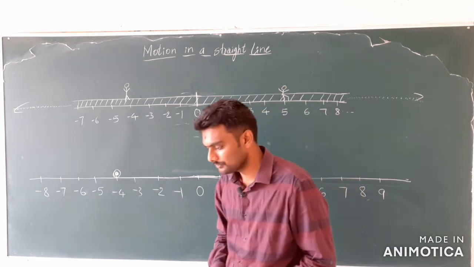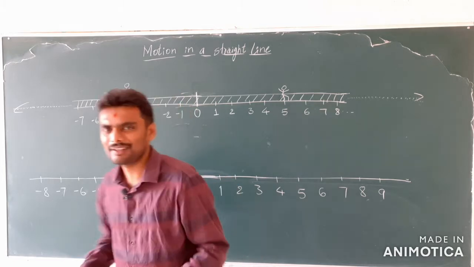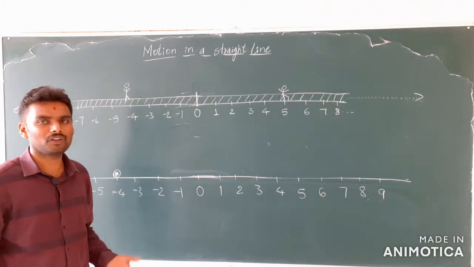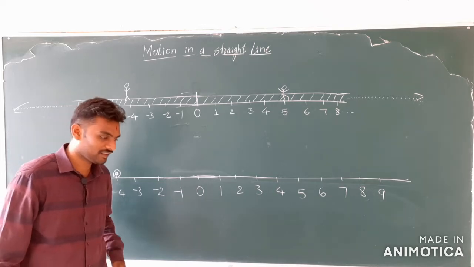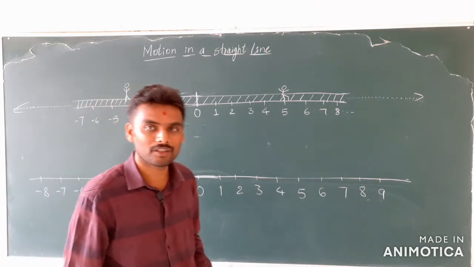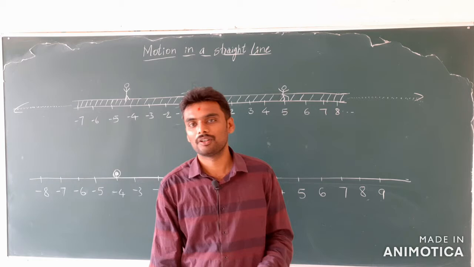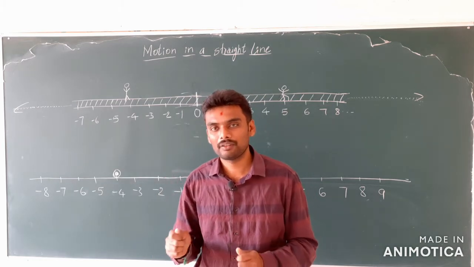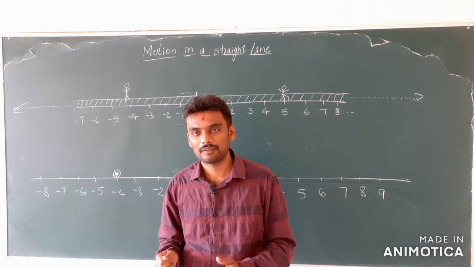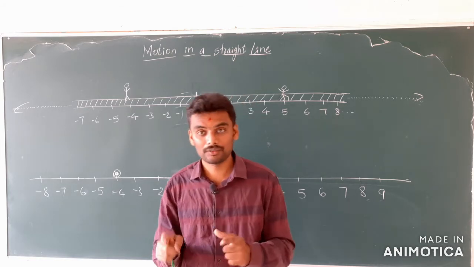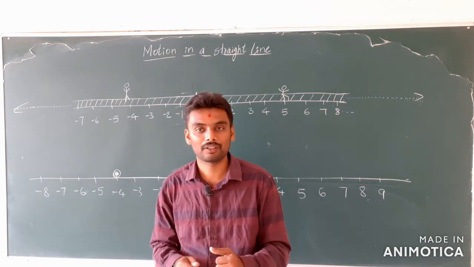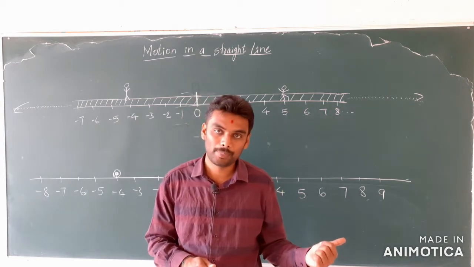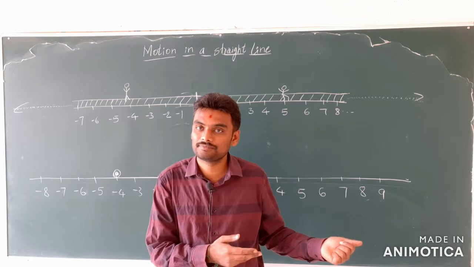So, how do we say? If the body is moving, it is moving. If the body is not moving, it is not moving. That's how we can say, right? That's very simple. You think so, no, it is not. Because assume a car, the driver of the car, according to the driver, the person sitting next to him is in rest, isn't it?